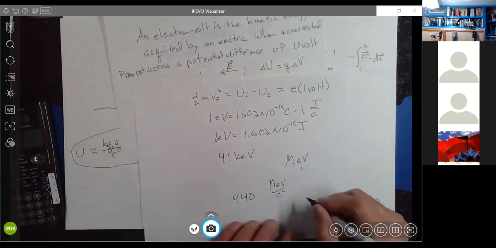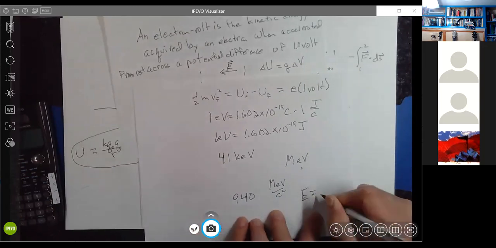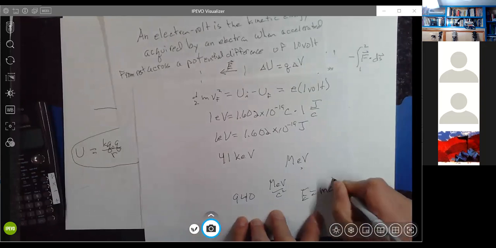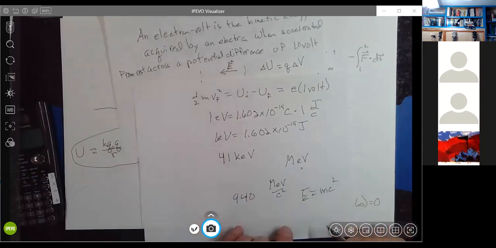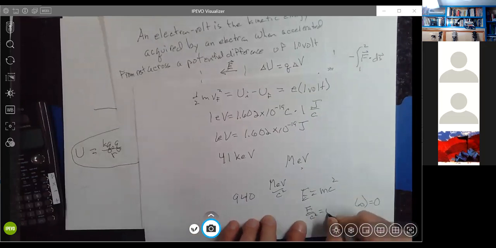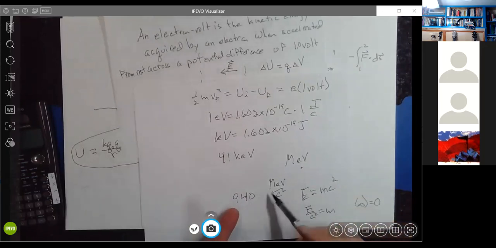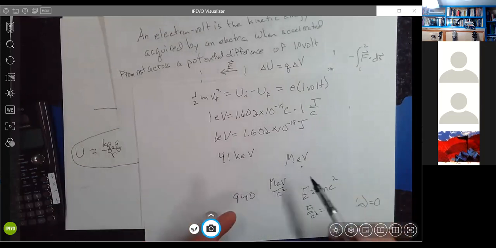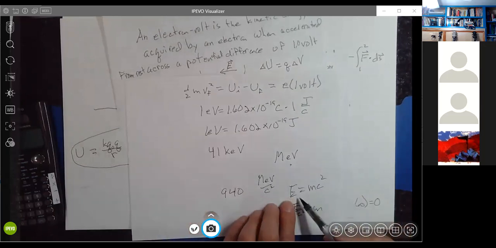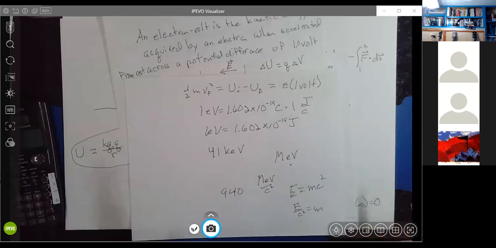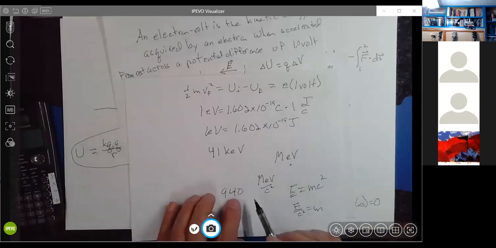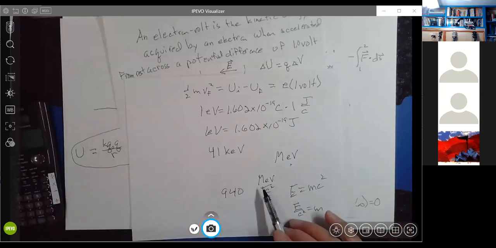Well, it comes from this. E is equal to mc squared, and if you take the energy of it and divide that by c squared, you get a mass. And so the rest energy of a proton or neutron, that's the energy it has just because it has mass, it's called rest energy, is about 940 MeV.